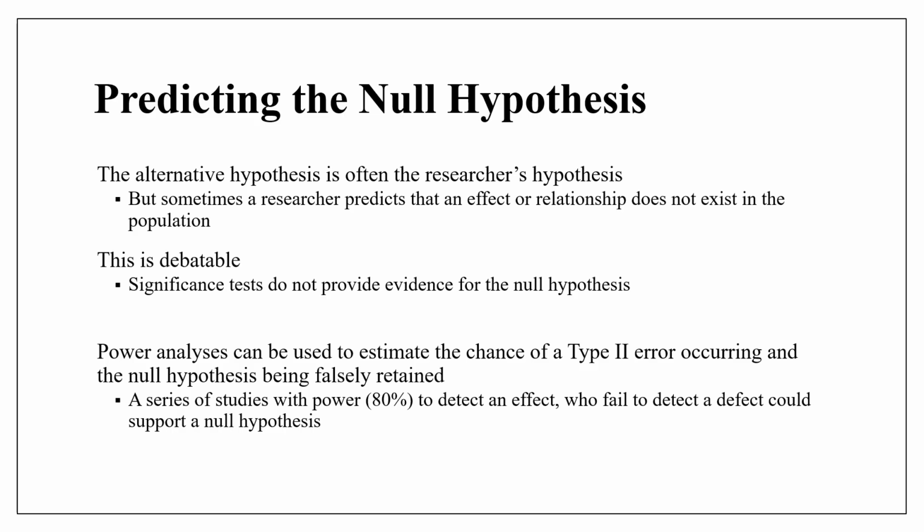So we would want a psychological assessment on intelligence to be just as accurate in measuring women's intelligence as it is men's intelligence. And in those cases, we would predict or hope for the null hypothesis because we would want to see that there are no significant differences in how the measure is assessing intelligence. So there will be some cases where the null hypothesis is exactly what we are predicting or hoping for.